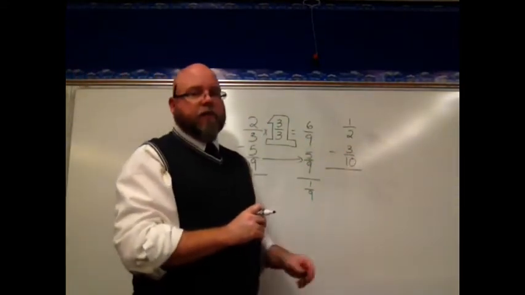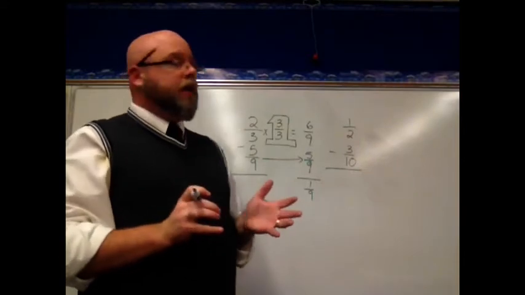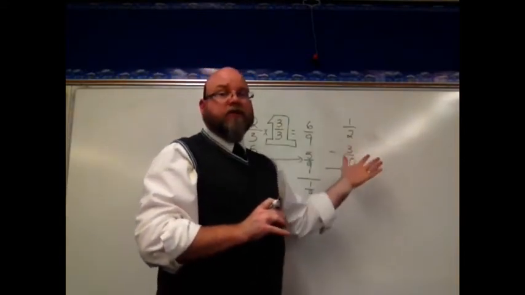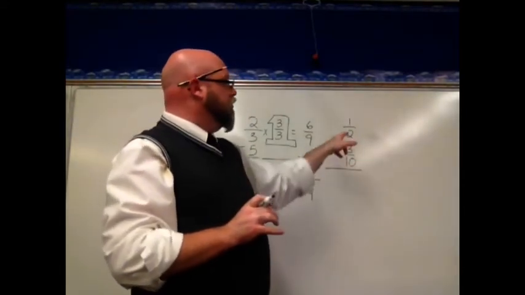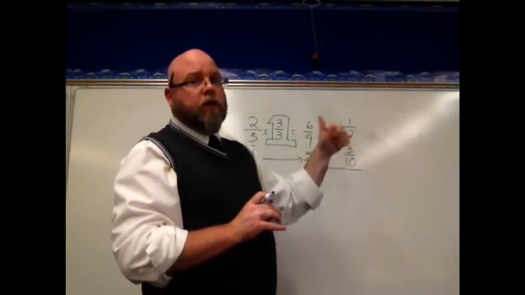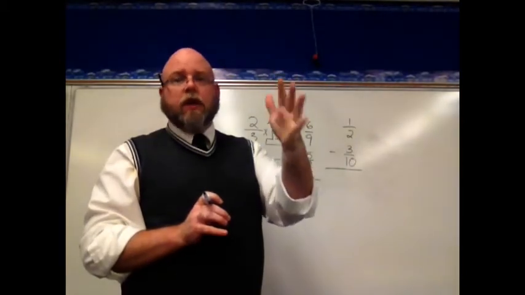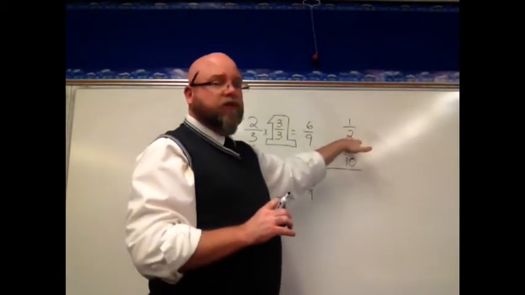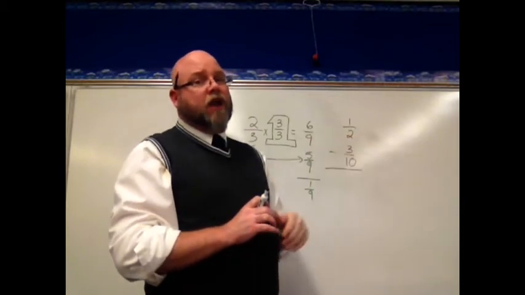Let's do 1/2 minus 3/10. Same idea. We don't have equal denominators, so I have to change the denominator of one of these fractions. Well, I know I can count by 2: 2, 4, 6, 8, 10, and I can get to 10 using that. So I'm going to find an equivalent fraction of 1/2 that has a denominator of 10.